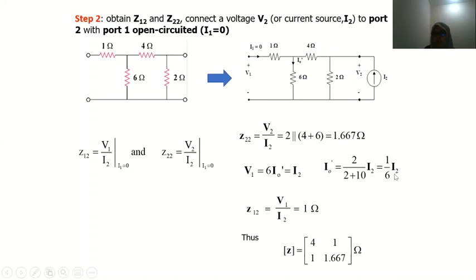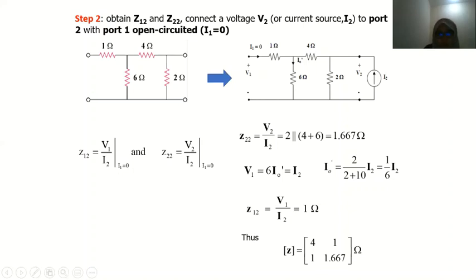So I naught prime is equivalent to 1 over 6 I2. Substituting into V1 equals 6 I naught prime gives V1 equivalent to I2. So you can have Z12 equal to V1 divided by I2, which gives Z12 equal to 1 ohm.